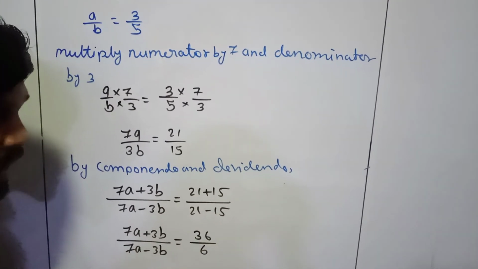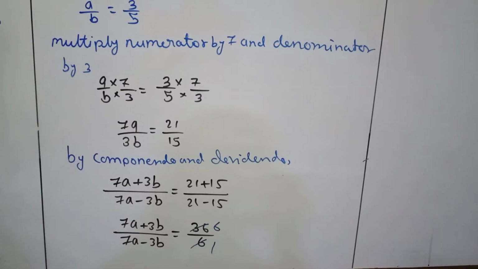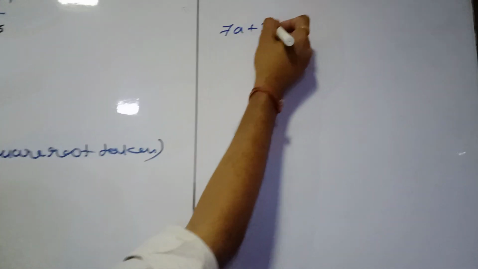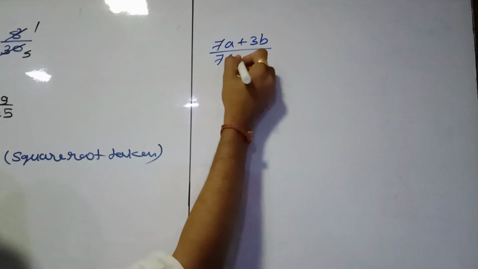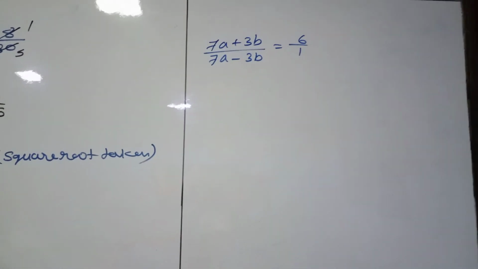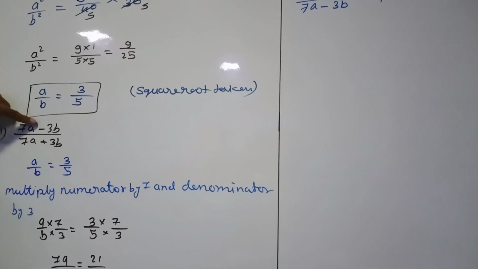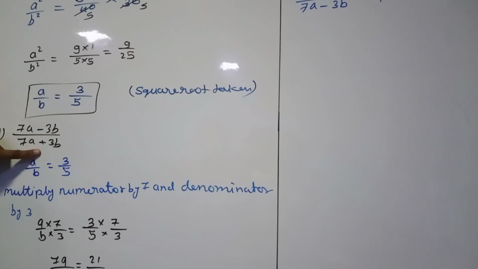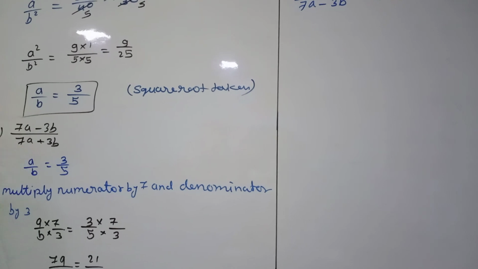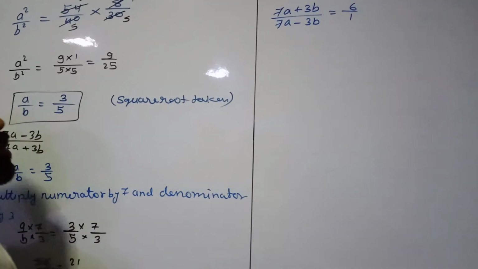So do the cancellation. 6 1s are 6, 6 6s are 36. So we are getting 7a plus 3b upon 7a minus 3b is equal to 6 upon 1. But if you see in the question, we have minus in the numerator and plus in the denominator. So now what do we have to do? Here we have to use invertendo.